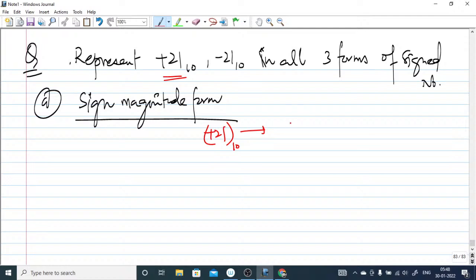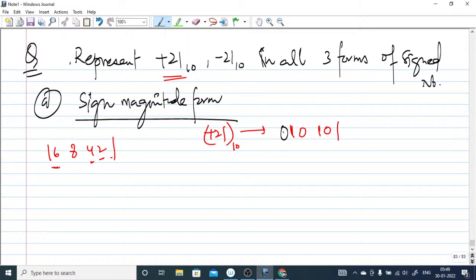So 21 can be represented as 16, 8, 4, 2, 1. That is 16 plus 4 plus 1, so it will be 1 0 1 0 1, and you have to put 0 here.